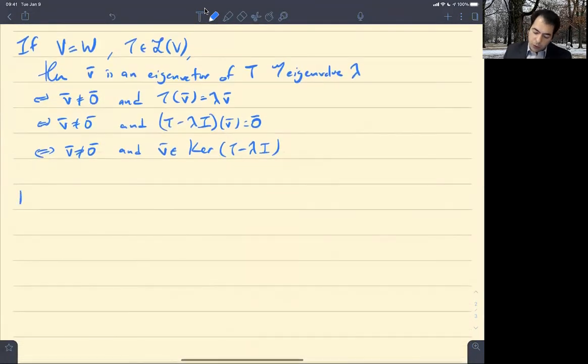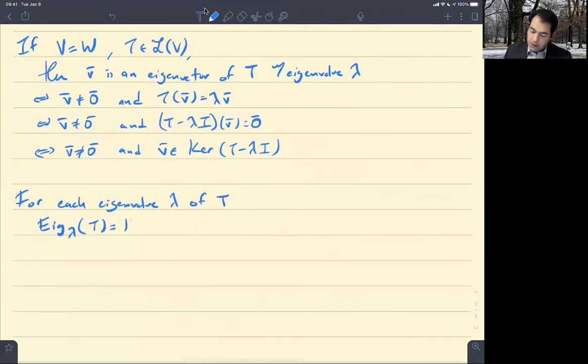Okay, so we give this kernel a name for each eigenvalue lambda of T. Eig sub lambda of T is the kernel of T minus lambda I, and is called the lambda eigenspace of T, right?